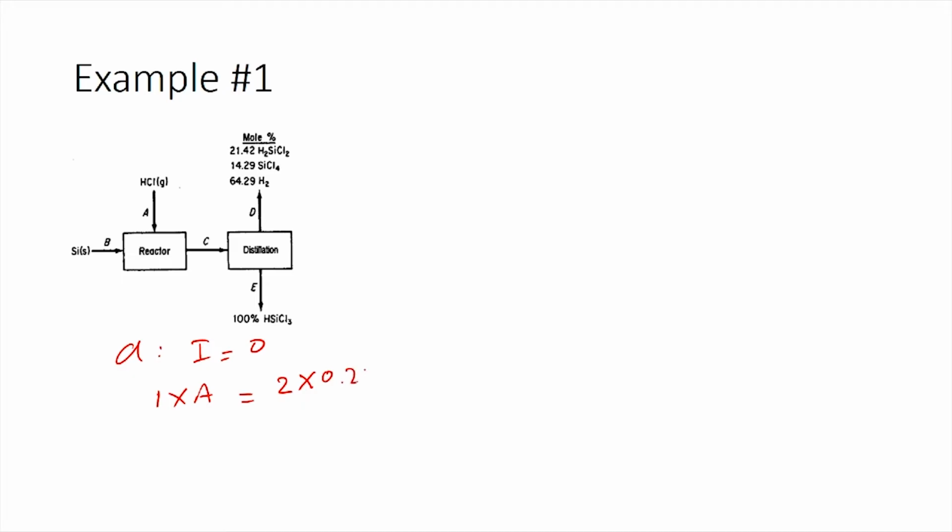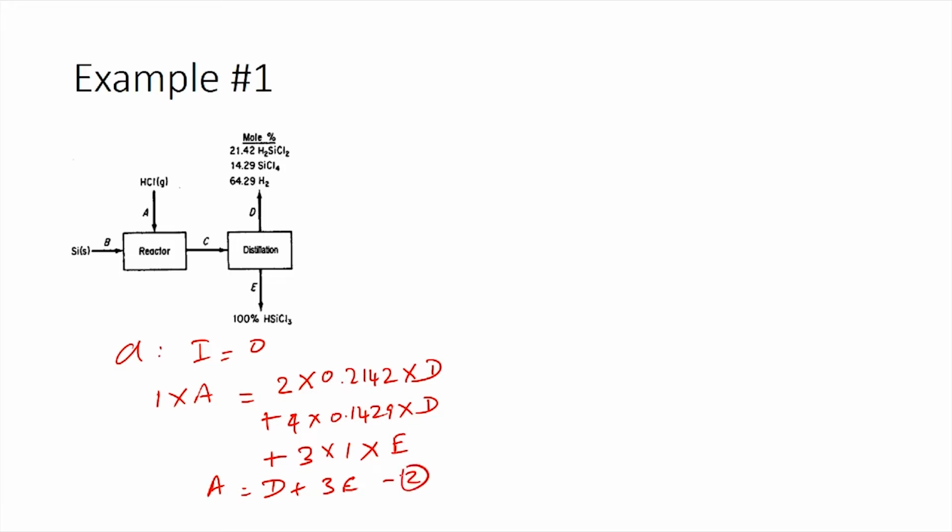So, that is 2 times 0.2142 times D plus 4 times 0.1429 times D, which is the number of atoms of chlorine leaving in the form of SiCl4. You have 4 atoms of chlorine leaving per molecule of SiCl4 through the stream D, and you also have 3 atoms of chlorine leaving through the stream E in the form of HSiCl3. So, we have 3 times 1 times E. So, this equation then can be simplified as A equals D plus 3E. So, let us call this equation number 2.